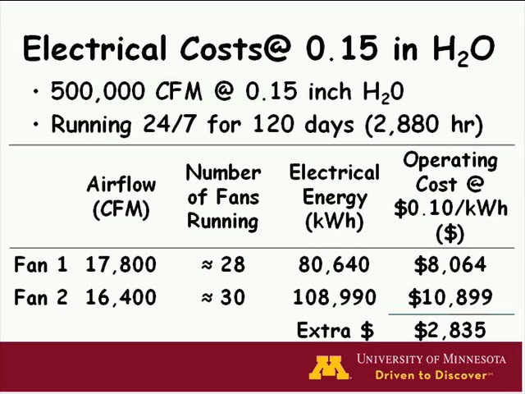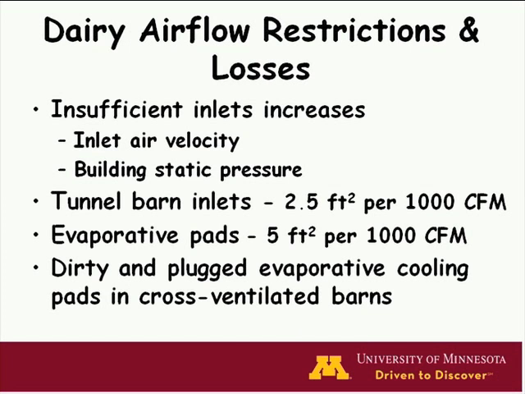About 2 to 3 more fans are running, and it's going to cost me, with fan 2, about $2,000, almost $3,000 more. So again, we need to make the point that energy efficient fans, especially as we're using these large fans, is very important on energy costs, and getting the static pressure down to the range where we need to have it is very important.